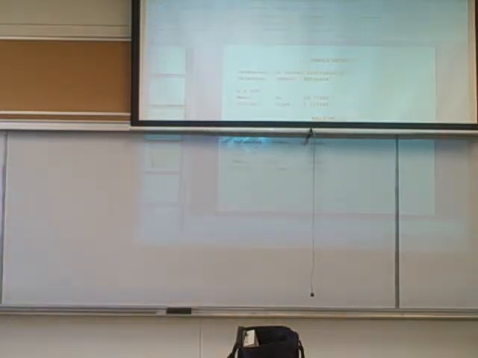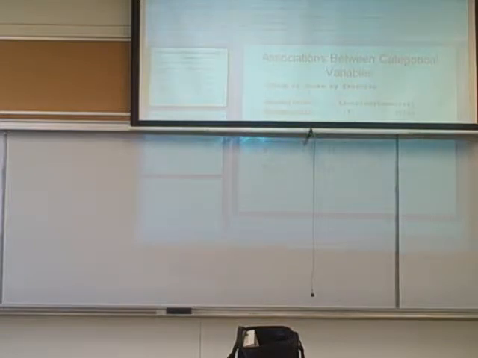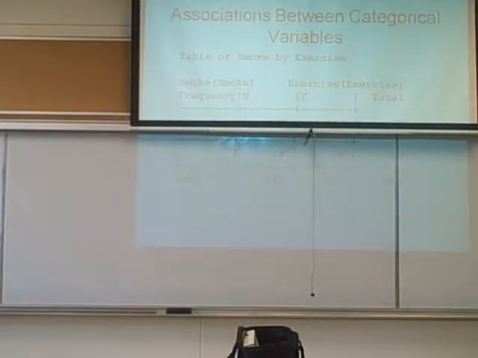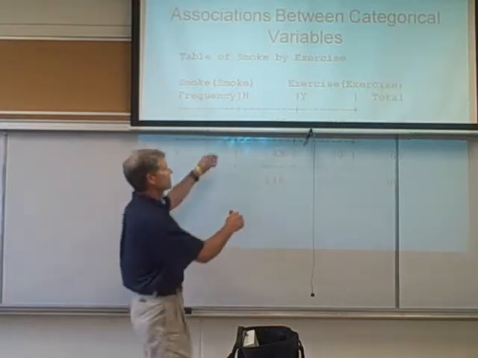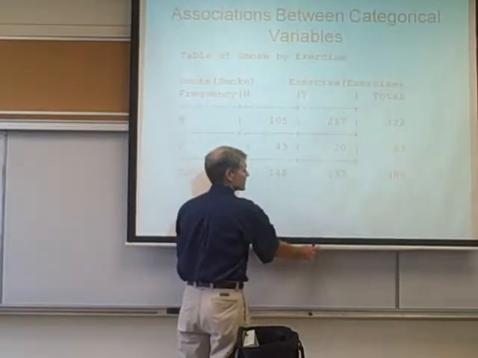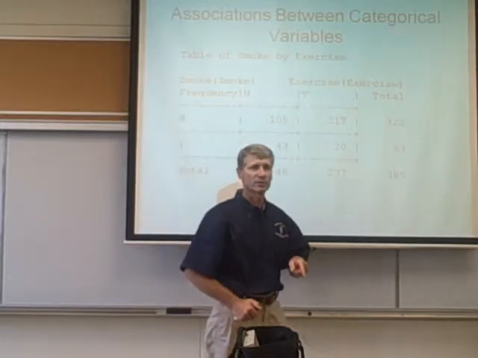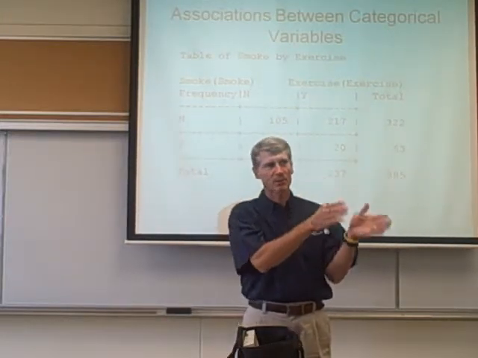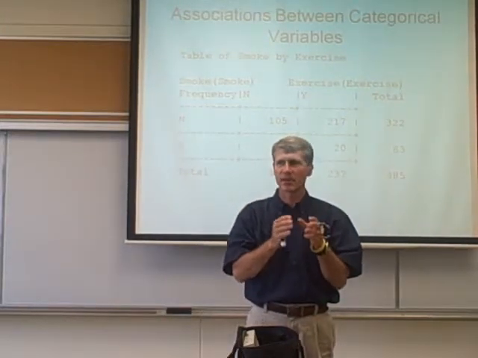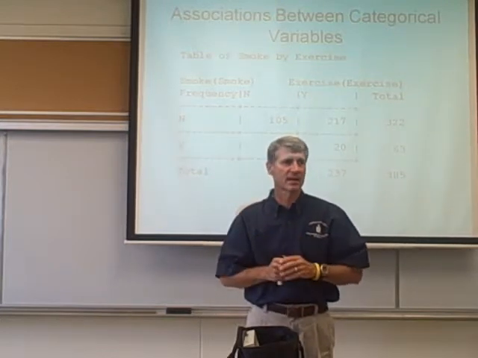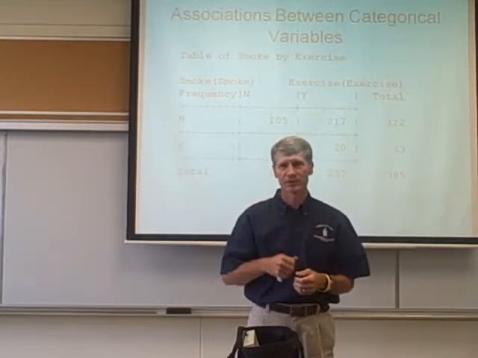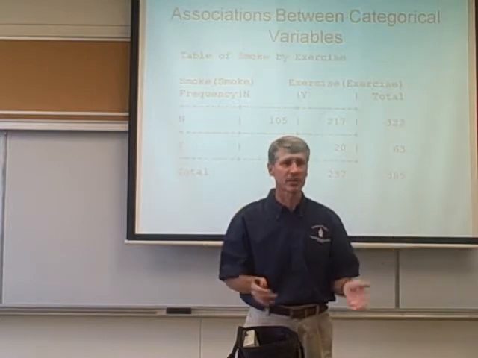Okay, so chapter 3, we're ready to start today. And chapter 3 is about associations between two variables. So far, everything we've done, chapter 1 and chapter 2, has been talking about a single variable, one at a time. We talked about pulse, and then we talked about height, and then we talked about the other things.